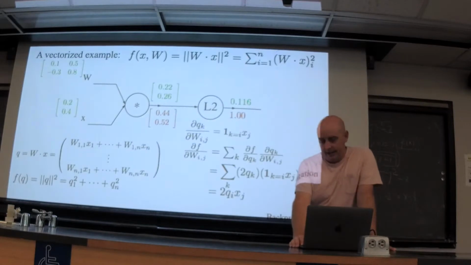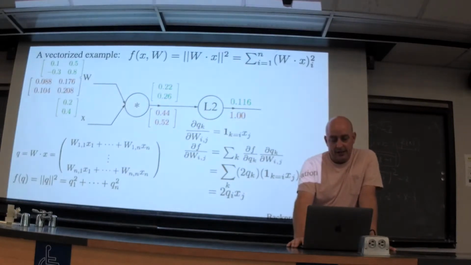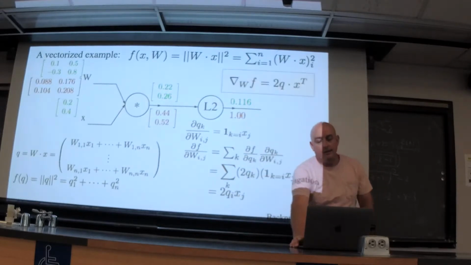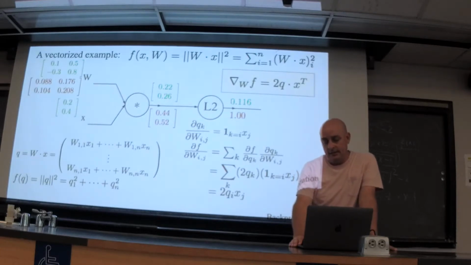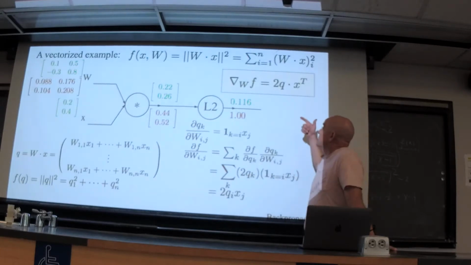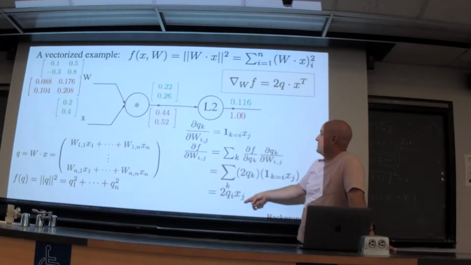And if we do all that, we can calculate our gradients with respect to W just by plugging in all these values. You can check that on your own. Also, here is an expression of this right here.